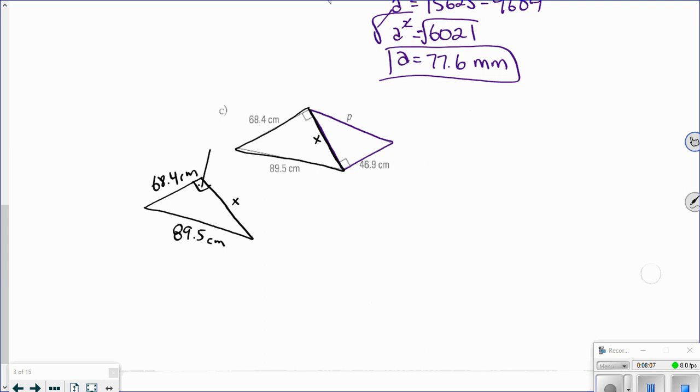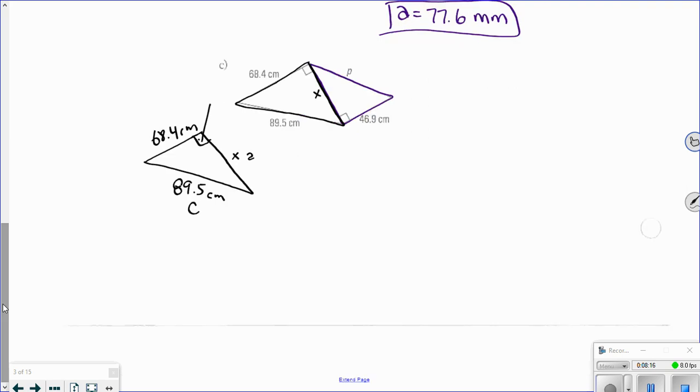So my right angle points at my C side in my formula, which means this is, I'm going to call it A. So using my formula, a squared plus b squared equals c squared. So x squared plus 68.4 squared equals 89.5 squared. Again, I want to rearrange to get the x squared by itself, so I'm going to subtract the 68.4 squared from both sides.